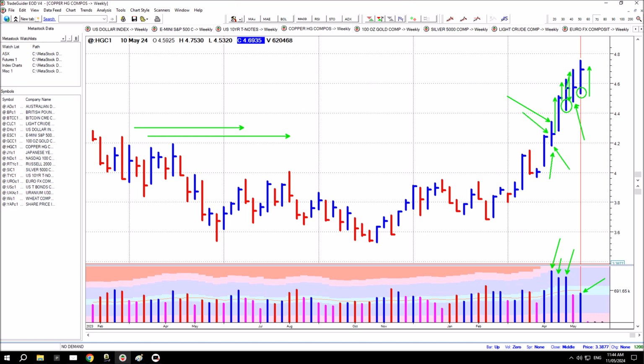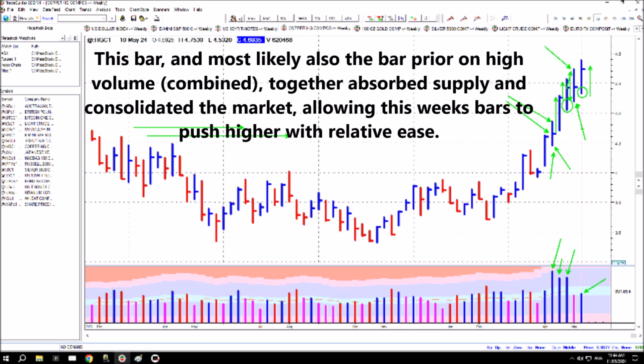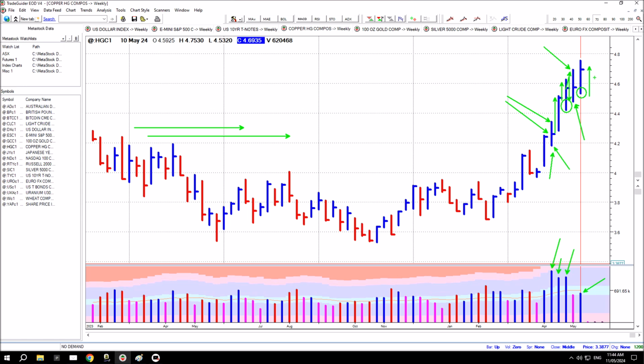So this bar back here absorbed supply and consolidated the market, and it appears this bar here has also absorbed supply and consolidated the market, and that's allowed the market to push higher overall in a more sustainable way.